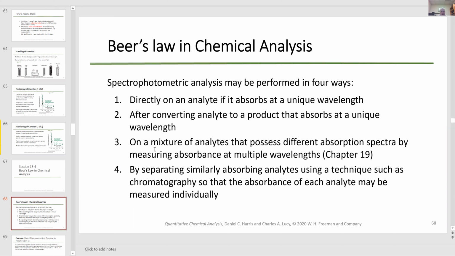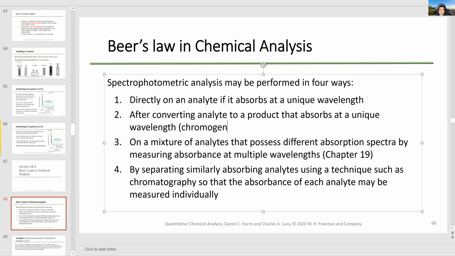No mystery there. That's number one. Number two is that if your analyte does not absorb, but you can add something that will make it absorb, then you can do that. This would be called a chromogen.